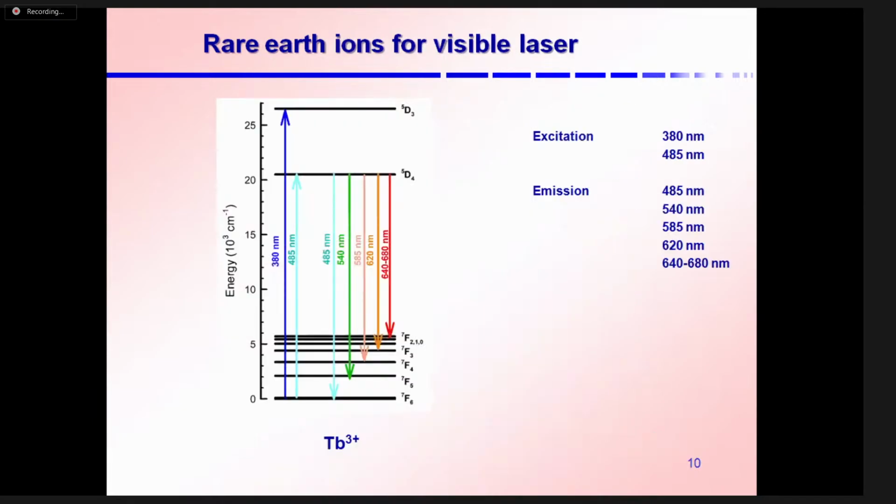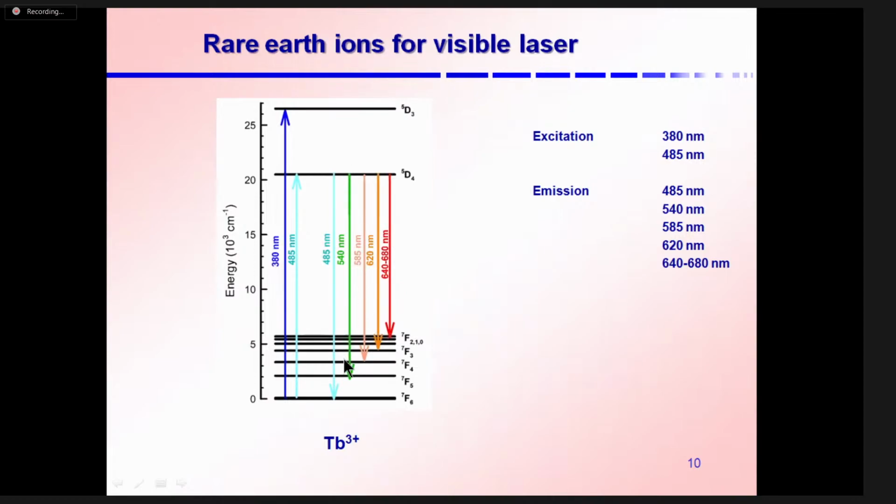But for our experiments, we chose the terbium ion because it has a rather interesting energy scheme, as there is a 5D4 energy transition that gives us a rainbow of different wavelengths.